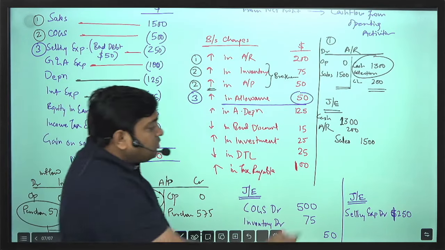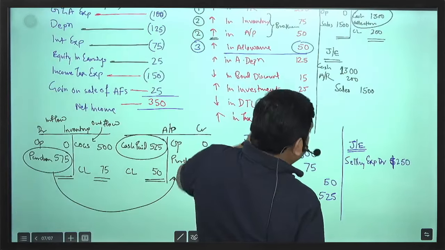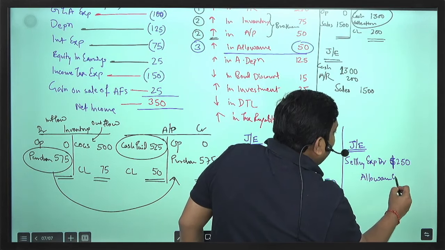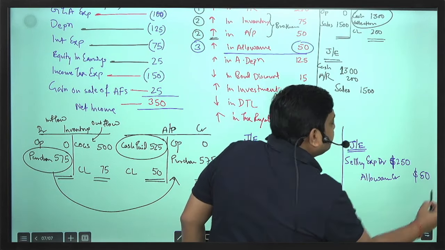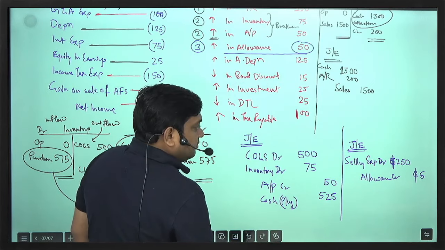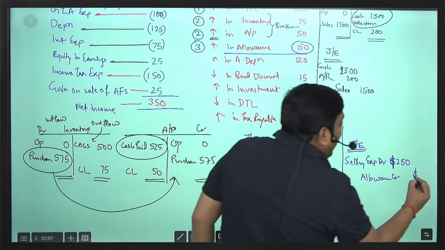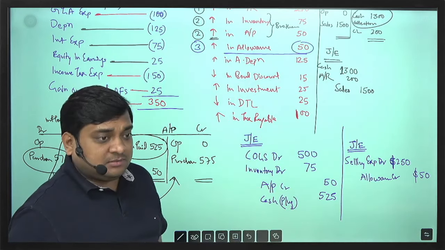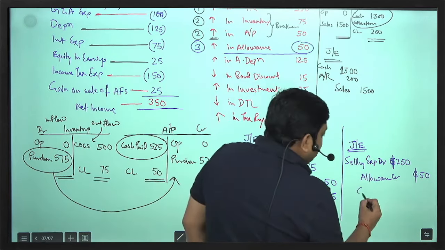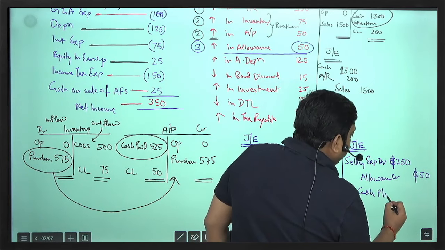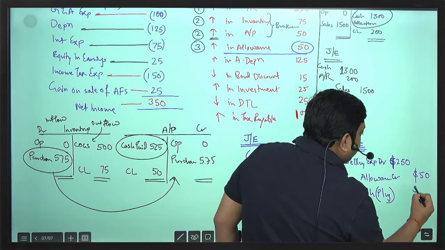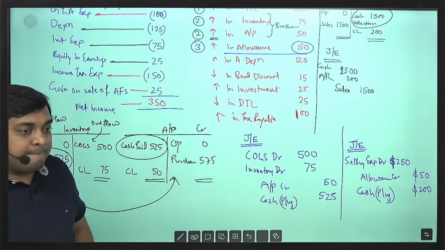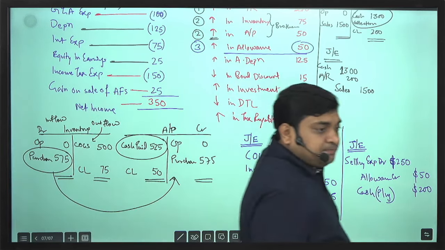It means out of this 250, allowance credit is 50. Why have I shown an expense of 250? Because 50 is allowance. Remaining is cash paid, plug. Isn't it?